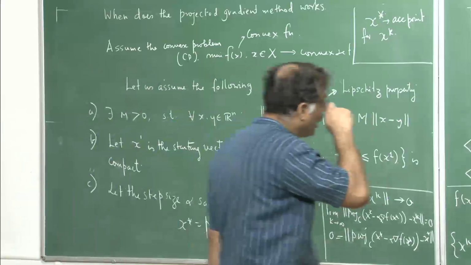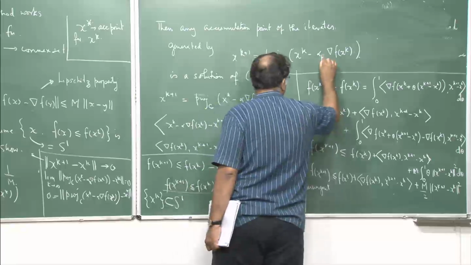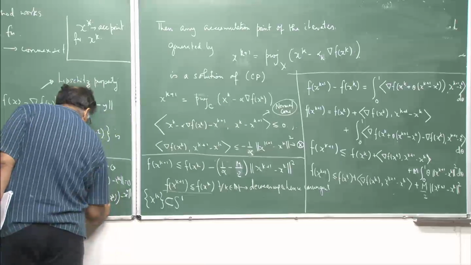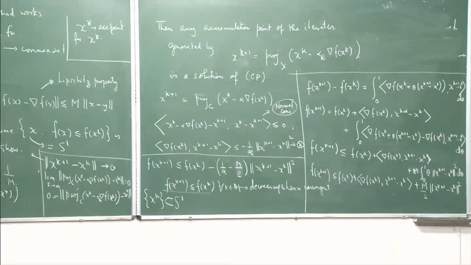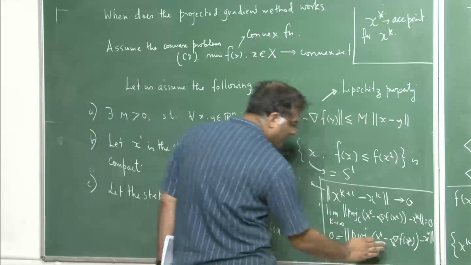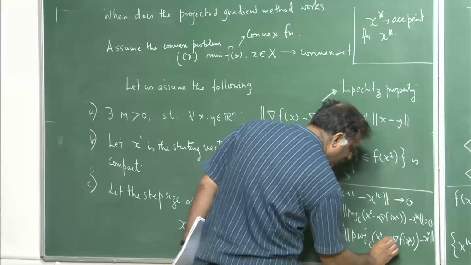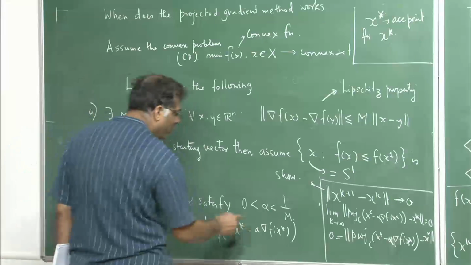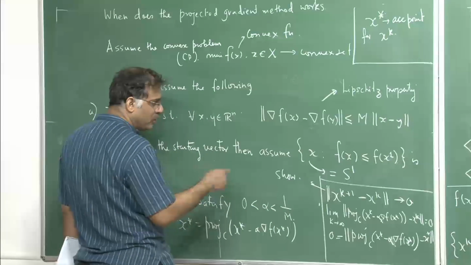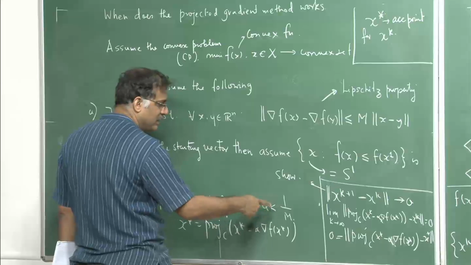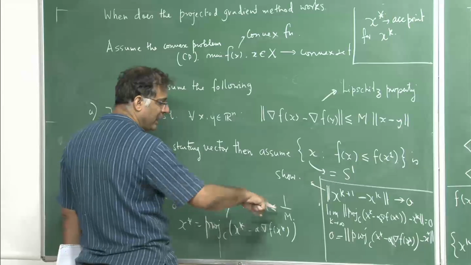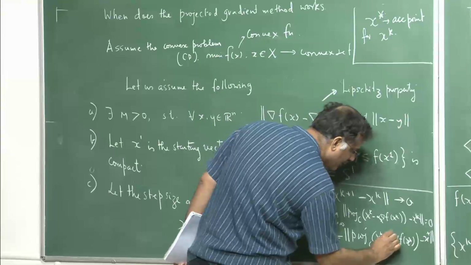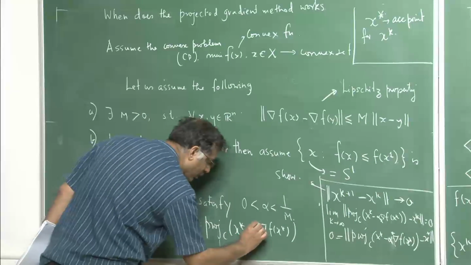But if I now want to put alpha as alpha k, then alpha k has to always be within this limit, whatever be your k. So, alpha k is a bounded sequence, and hence it will have a convergent subsequence which goes to some alpha star, and that is the proper analysis.